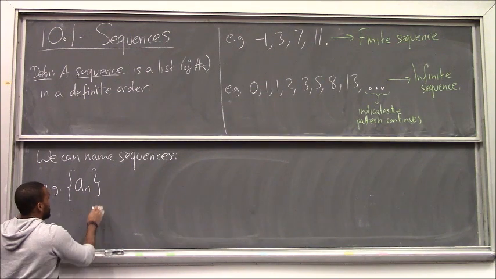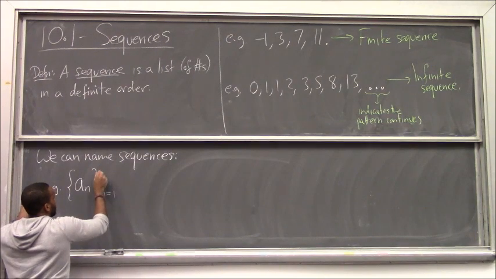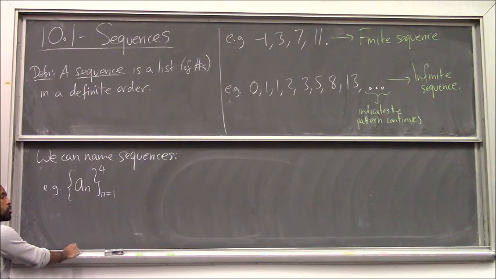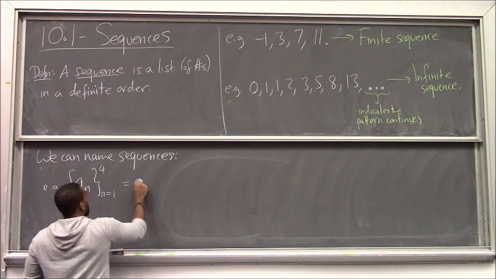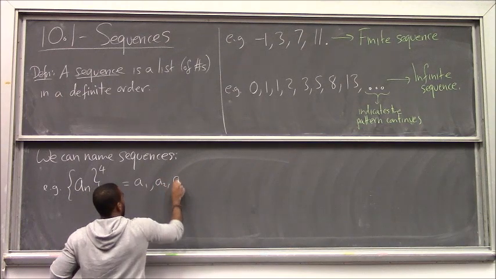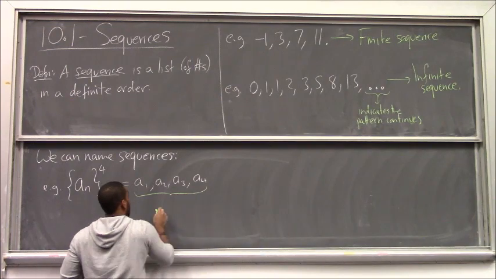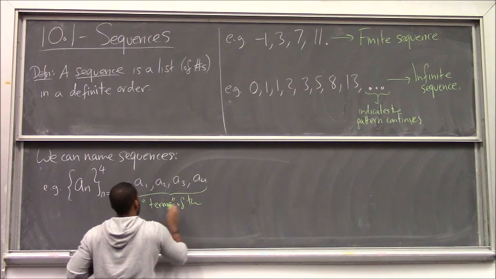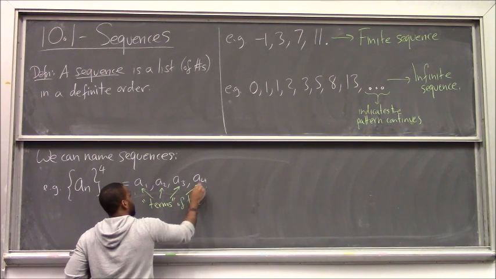Now you can also put indices on this, so I can have a lower index or a lower limit, saying n goes from 1 up to 4. So this tells you here's a sequence, it's 4 items long. It starts at the first guy, then the second, then the third, then the fourth guy. So this I could think of as A1, A2, A3, and A4. These guys are called the terms of the sequence, by the way, the individual guys. Together they're called the terms of the sequence.